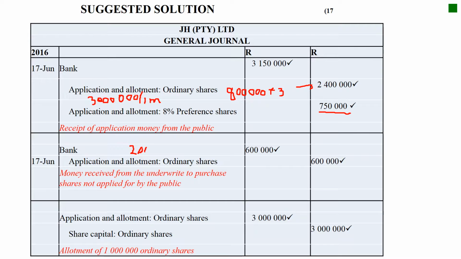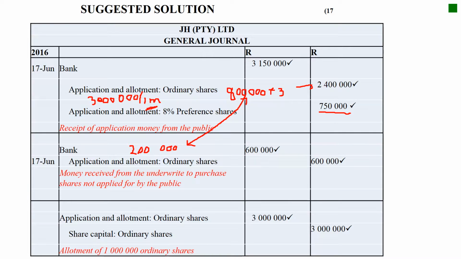That gives us a total of 600,000 to be received from the underwriter, so that when we add up the 800,000 that we received from the public and the 200,000 that we received from the underwriter, it adds up to the initial 1 million shares that were offered.